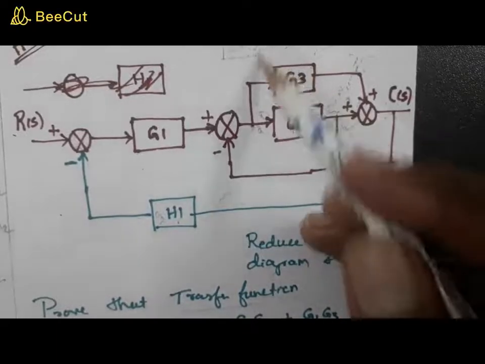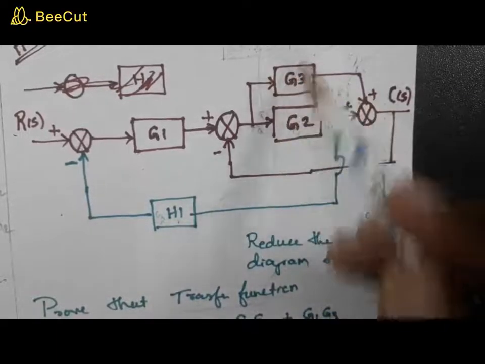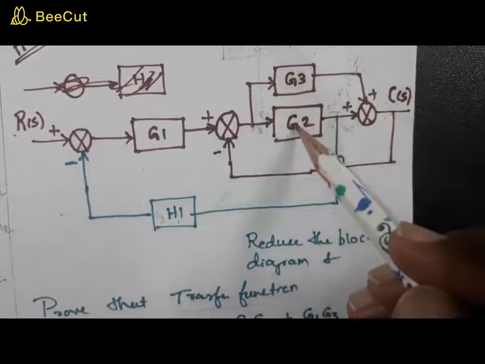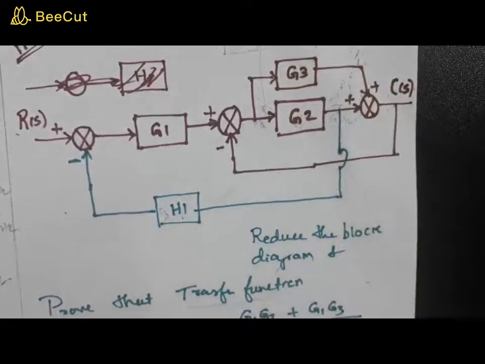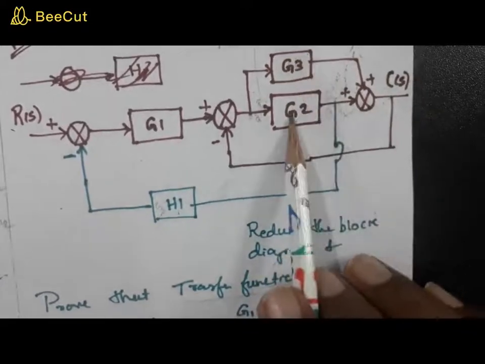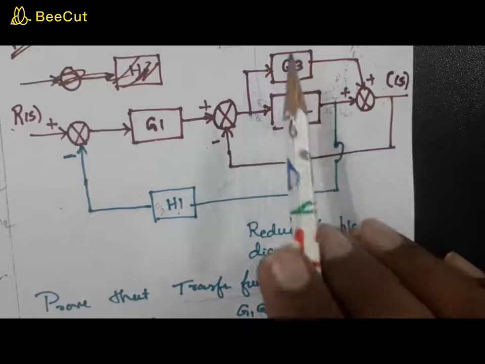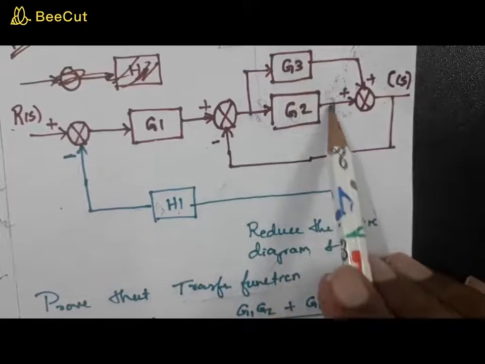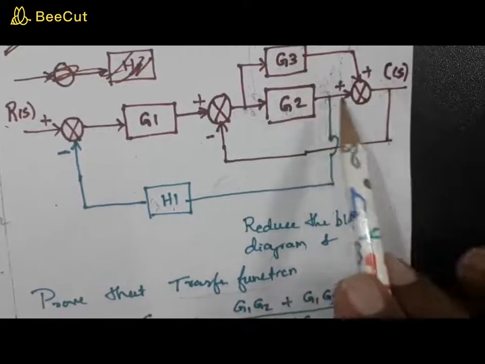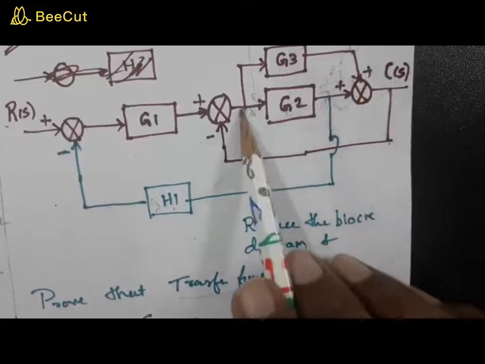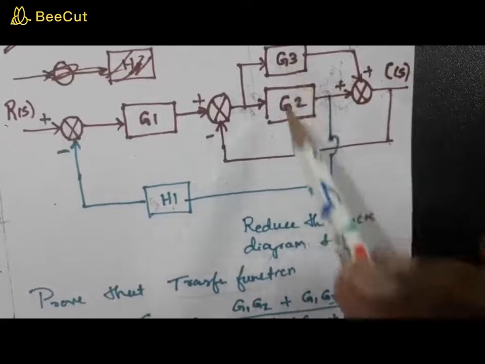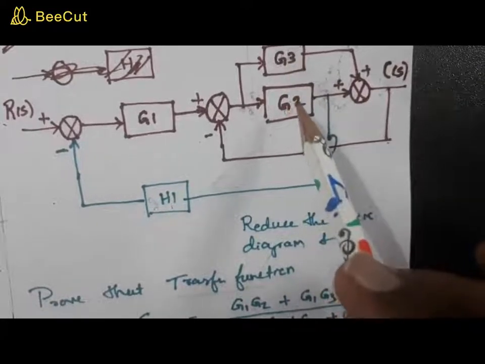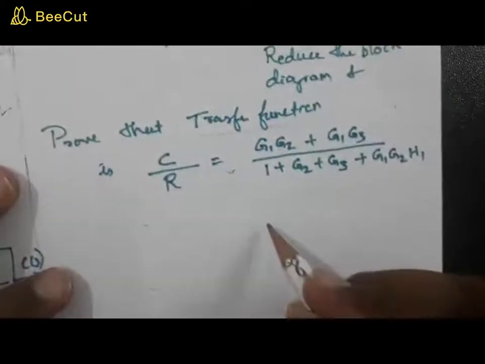If it really were a parallel block, instead of G3, G2, you could combine this block as G3 plus G2, but you cannot do that because this is not a parallel block. Why? The one thing which prohibits it from being a parallel block is this point. If I can move this point either to this side or to this side, the problem is solved. Then you can simply say that G3 and G2 are parallel. So it will look like this.